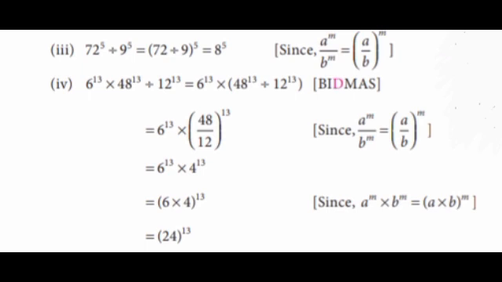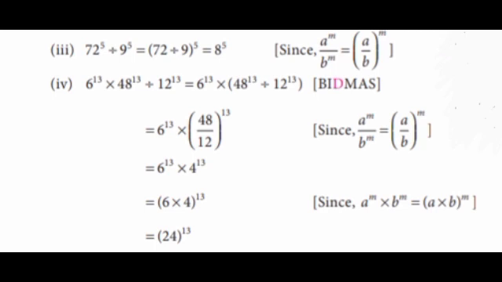Fourth question, 6 power 13 into 48 power 13 divided by 12 power 13. First of all, divide 48 power 13 by 12 power 13. Using the formula a power m divided by b power m equals a by b the whole power m, we can write 48 by 12 the whole power 13. Divide 48 and 12, what do we get? 4.